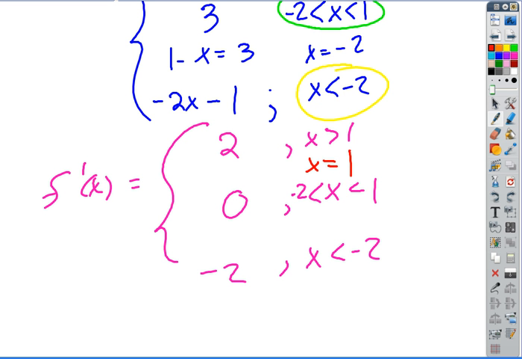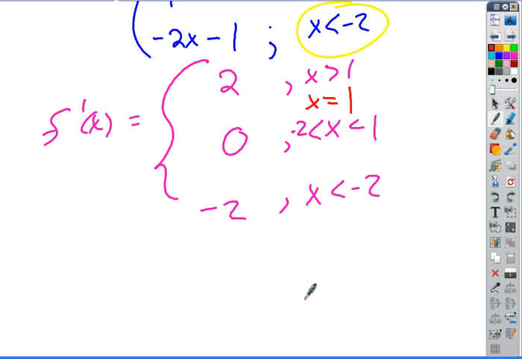If the derivative of the function is positive 2 everywhere x is greater than 1, and it's equal to 0 on the interval where x is less than 1, then at 1 we're making a sudden transition from a slope of 0 to a slope of 2. That's a sharp corner, so it's undefined.